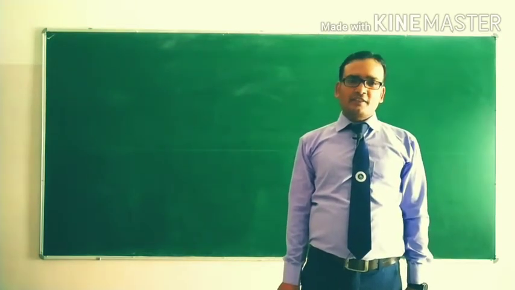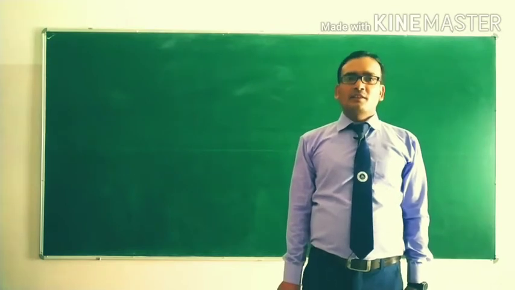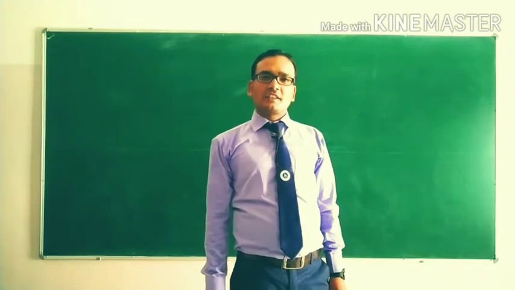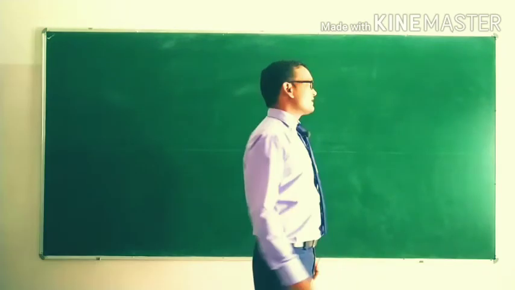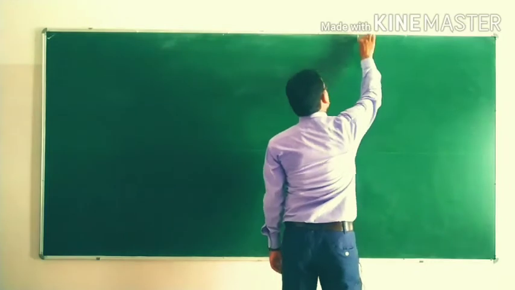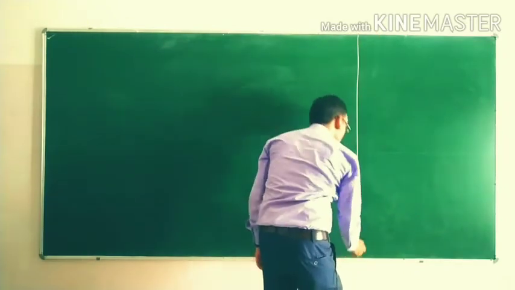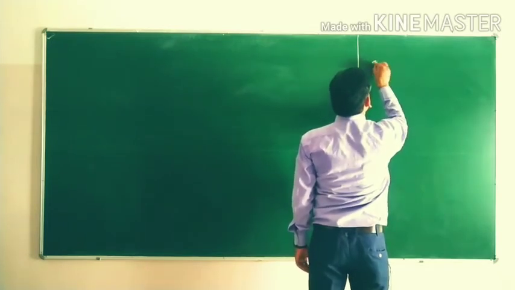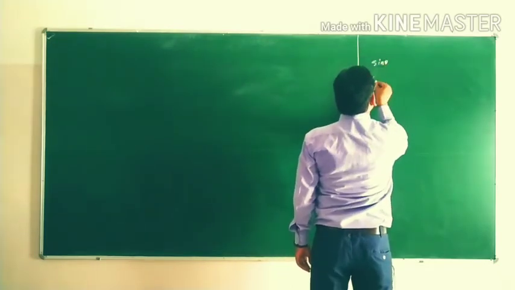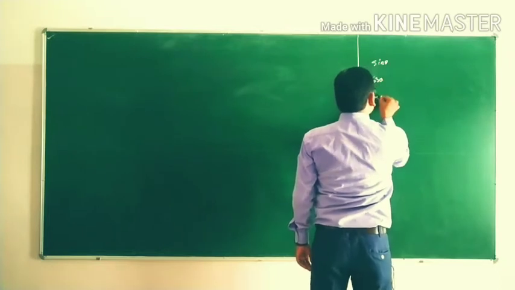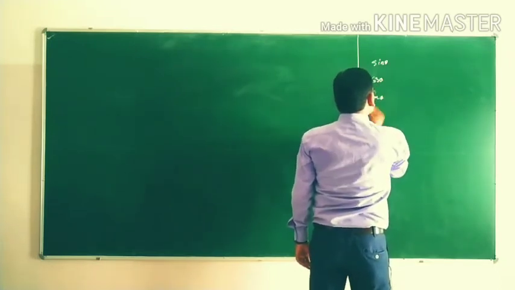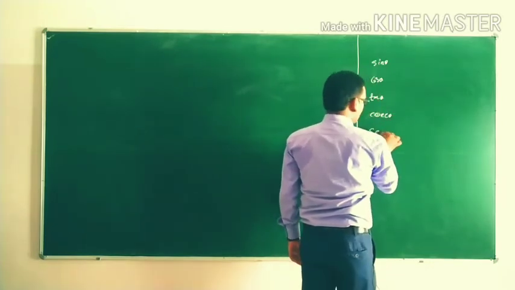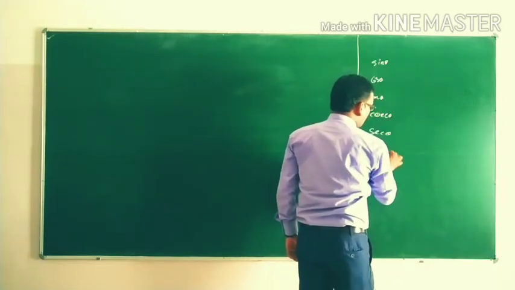Good morning, dear students. In a previous lecture, we learned about the trigonometric ratios of 30 degree, 45 degree and 60 degree. We learned about sine, cos, tan, cosec, sec and cot.